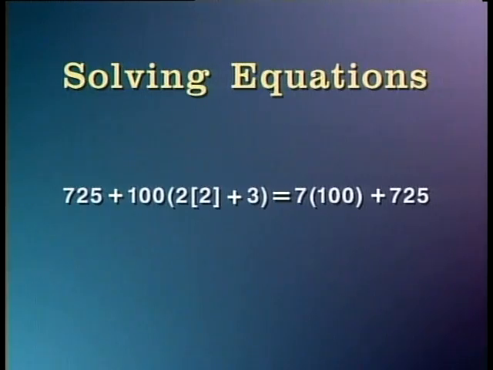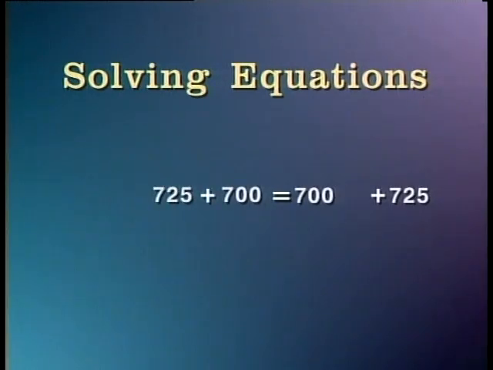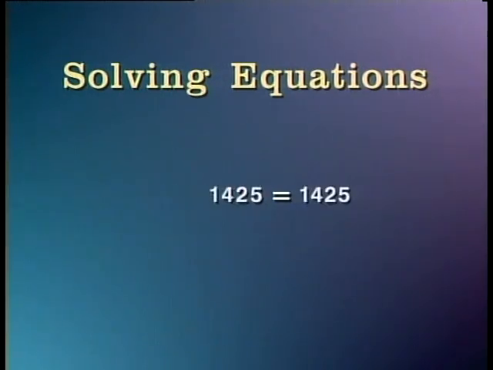Substituting 2 still produces a true statement. 1,425 equals 1,425. This idea that we can perform identical mathematical operations to both sides of an equation without changing the sense of the equation is the key to solving them.